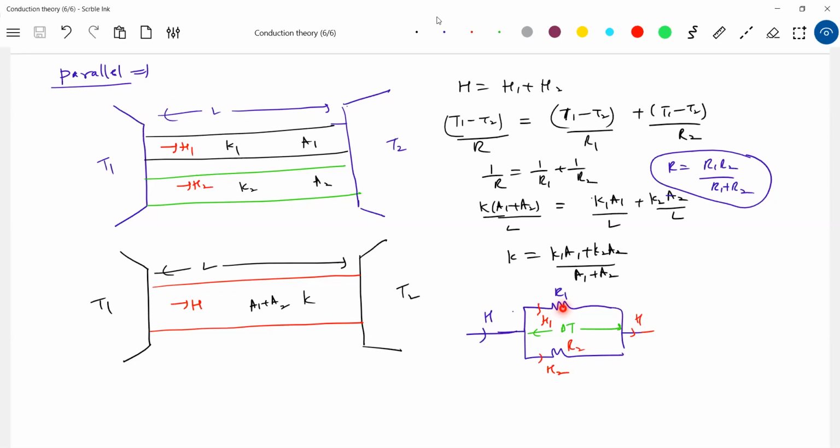Then I'm interested in H1 and H2 in terms of H and R1, R2. So I'll take help of this. First the equivalent, let me write it.